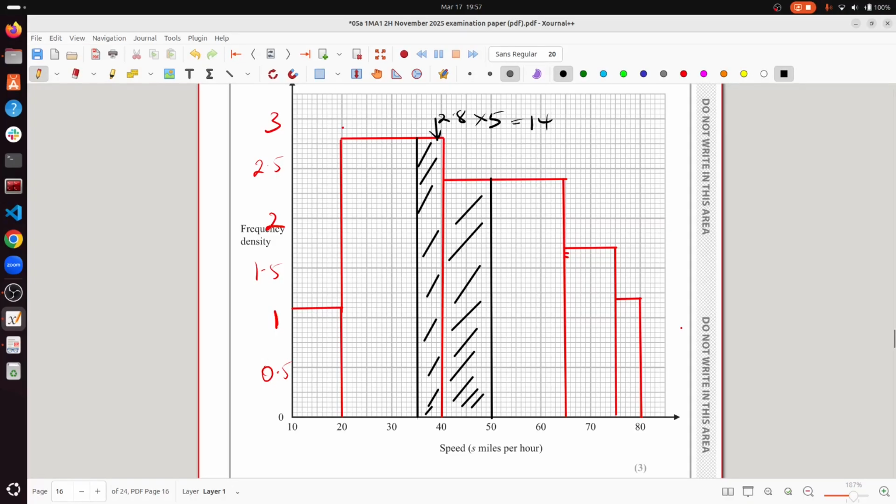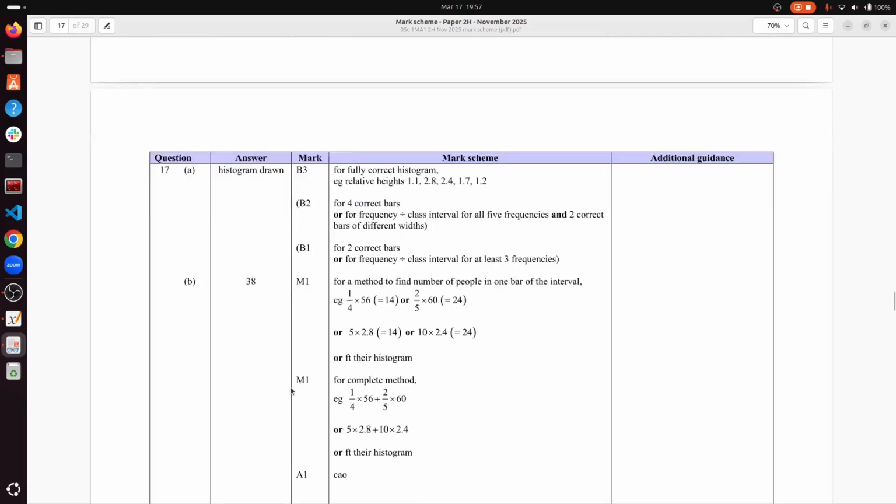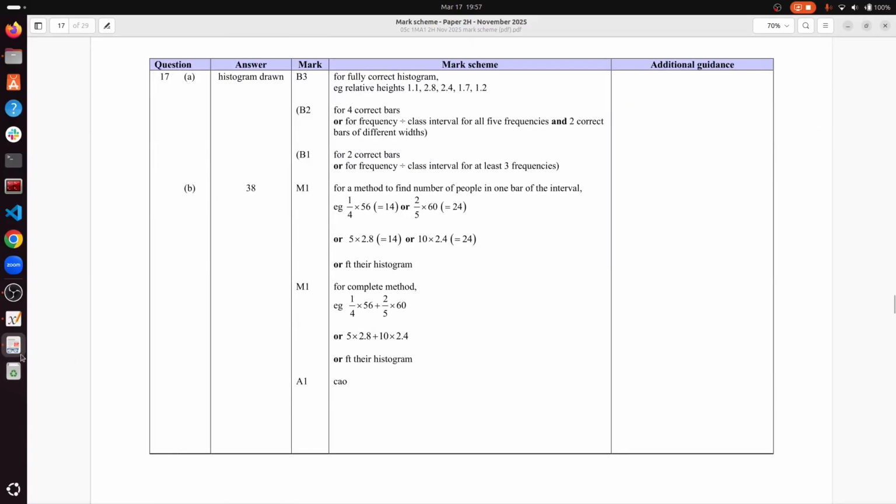And this one gives me 2.4 times 10, which is 24. So the people in that group is 14 plus 24, which is 38. So 38 is my answer. Let's look at the mark scheme. That's 38, and my histogram was drawn as well, so that's correct.